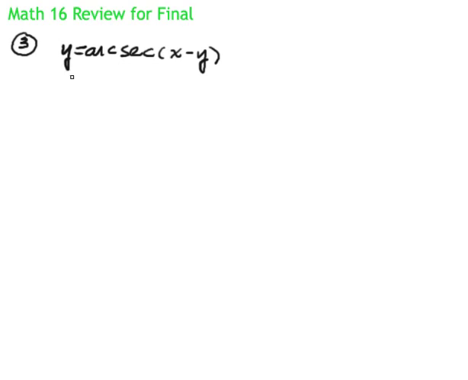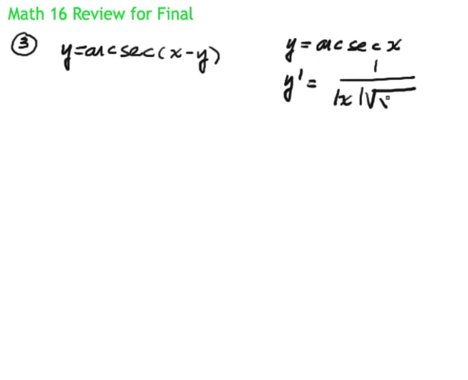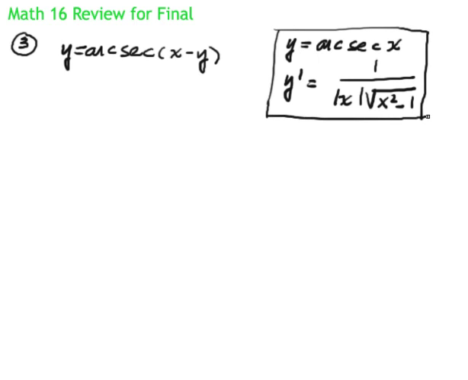In number 3, we're going to do an implicit differentiation because we have y on the left and on the right. Okay, let me remind you of the derivative of arcsecant. Y prime is equal to 1 over absolute value of x, square root x squared minus 1. Alright, so we're going to use this with a chain rule.